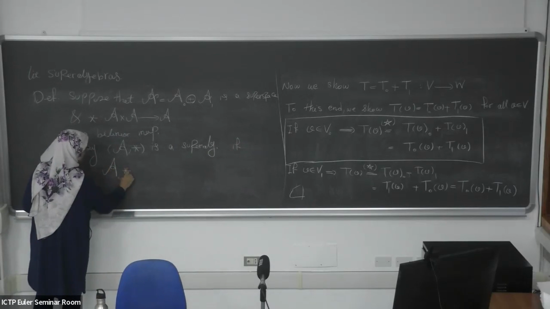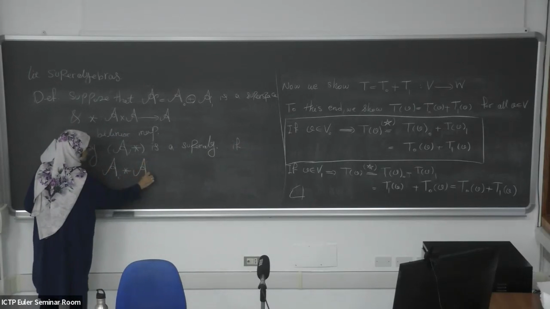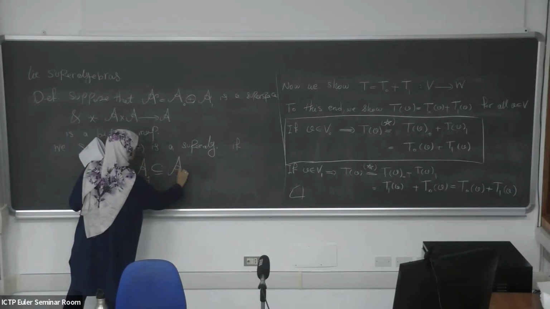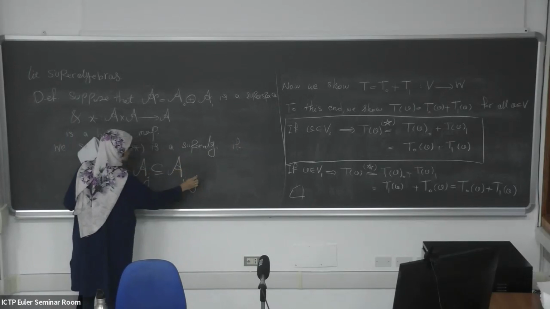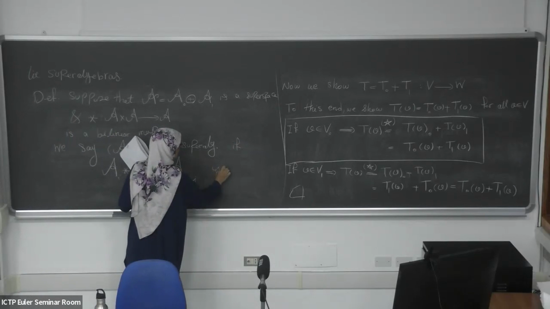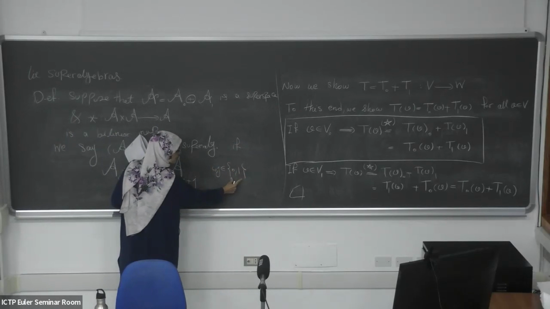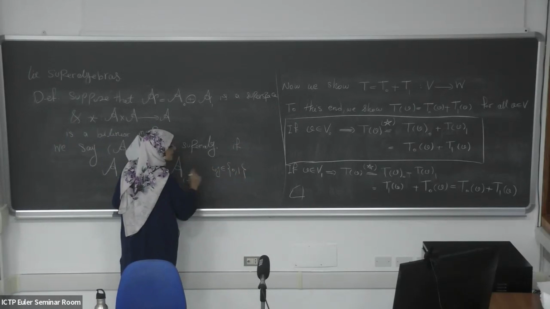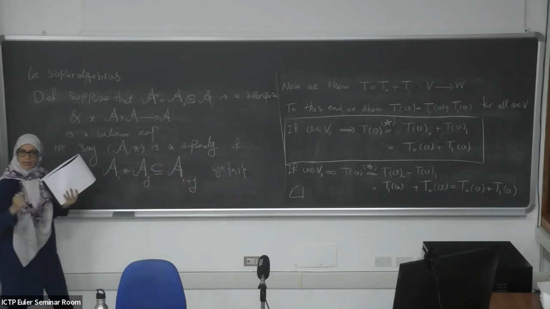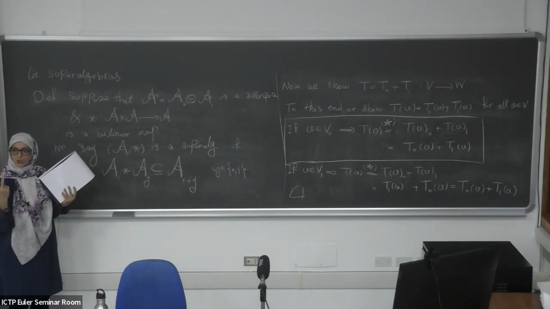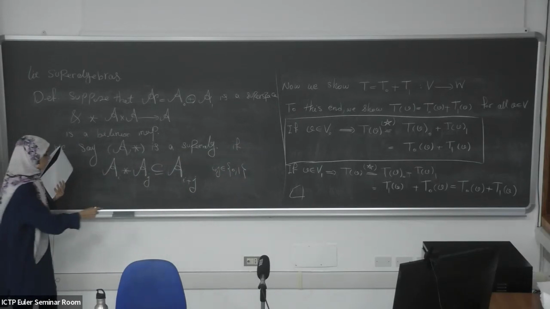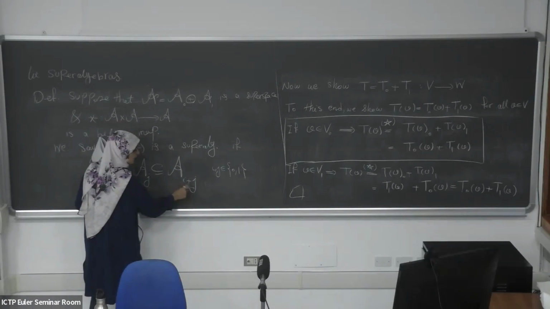Ai star Aj is a subset of A(i+j), for i, j belonging to 0 and 1, and I consider it as Z2, the two-element group. Okay, so this summation has meaning.